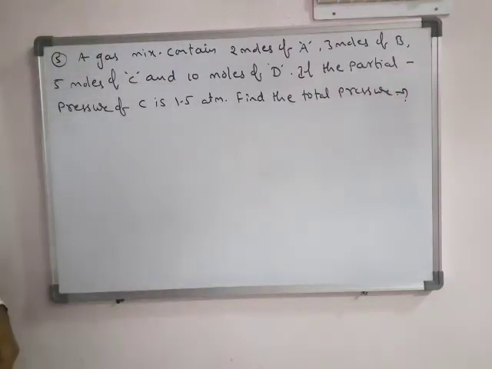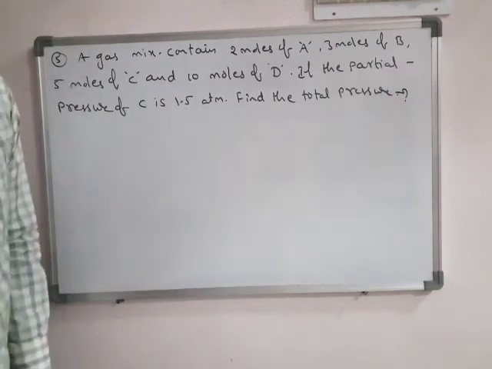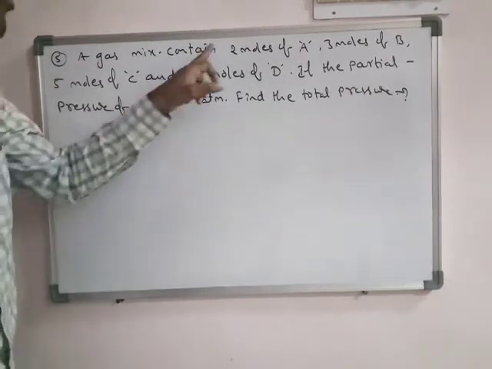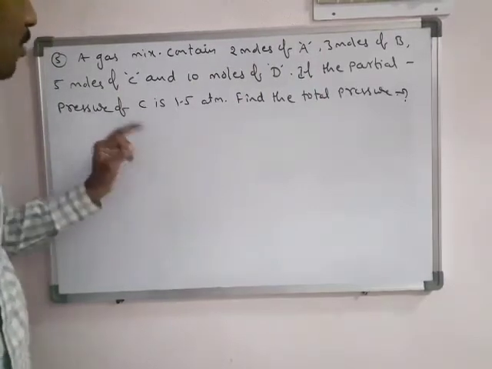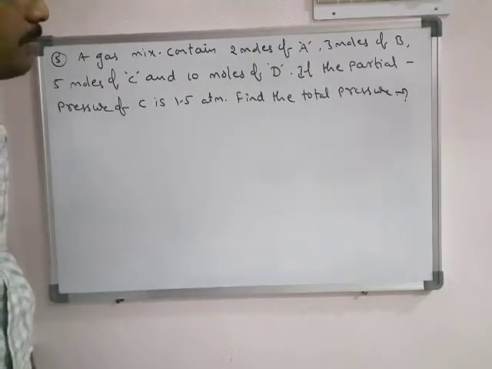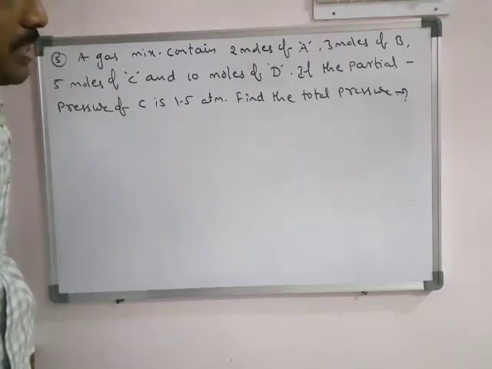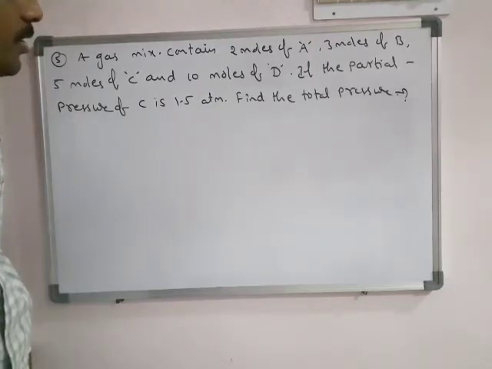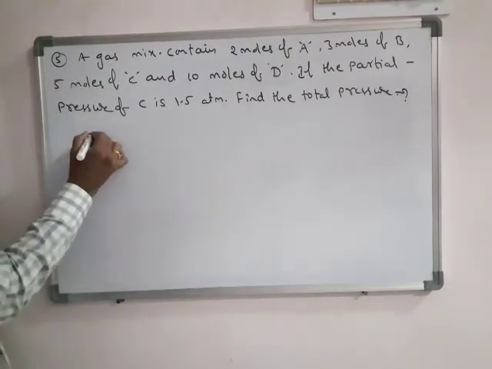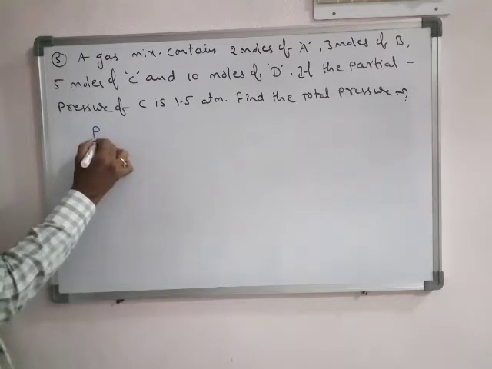Okay, so here it is given the number of moles of the different gases, and the partial pressure of a single gas is given. But we need to find the total pressure. How do we write the total pressure?